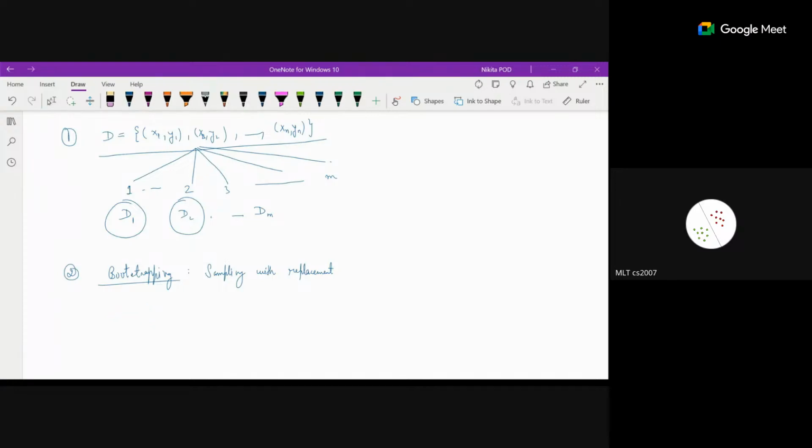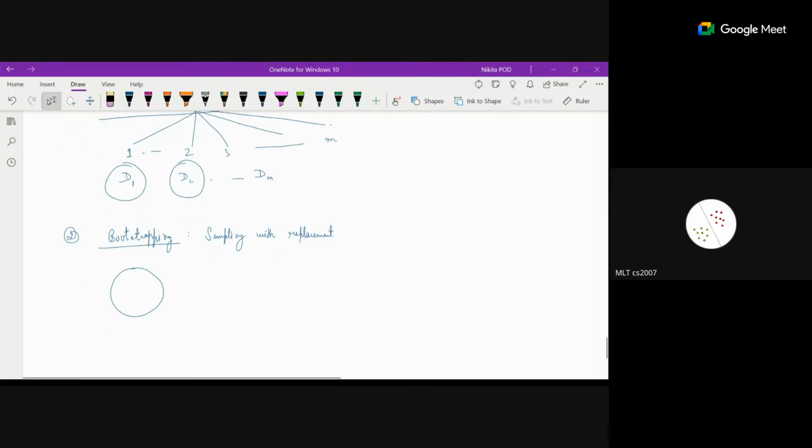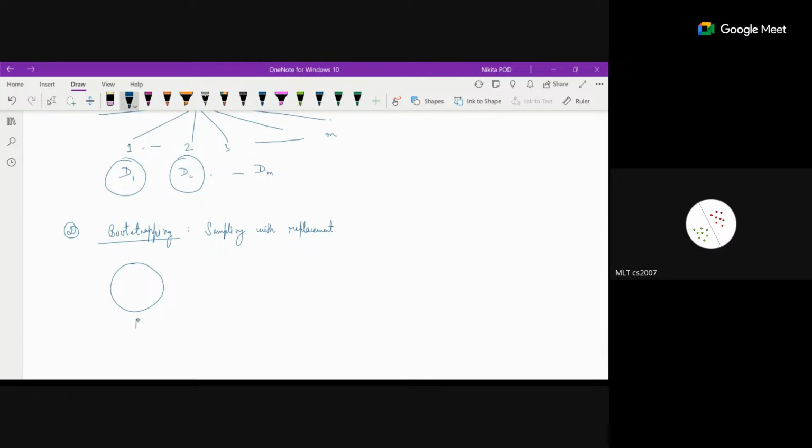In bootstrap, since the idea is that you want m different data sets, we'll create m different bags. So this is one bag, this is the second bag, and so on till we create m bags.